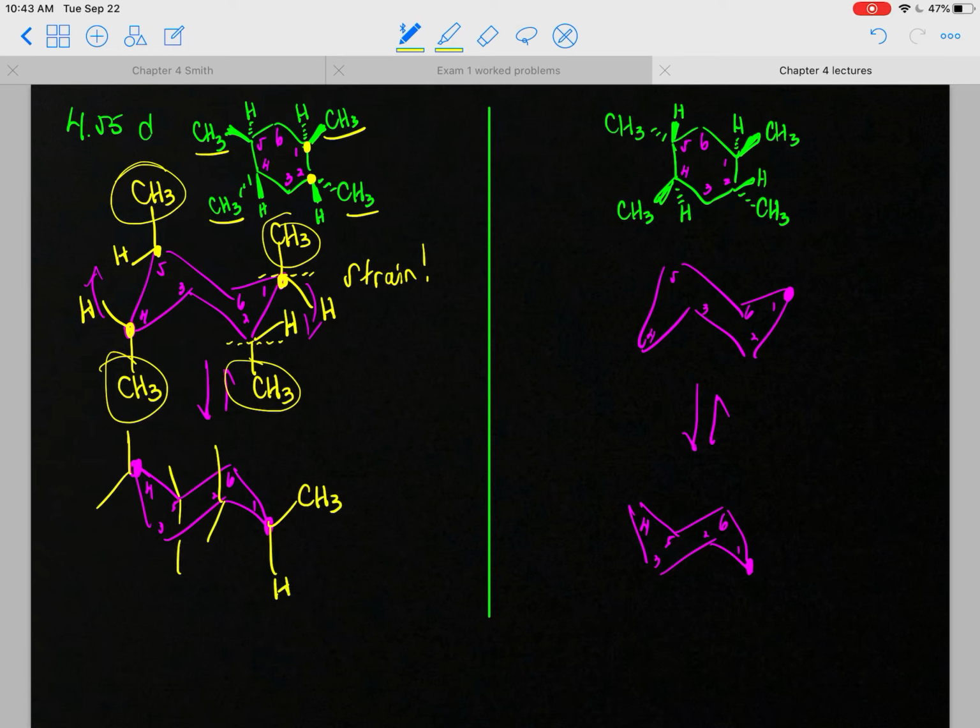All the axial change to equatorial, and all the equatorial, which we don't have, change to axial. So all of these methyl groups are going to be equatorial. And when you look at this one, no strain. So I'm going to guess that that's the lowest energy conformation.